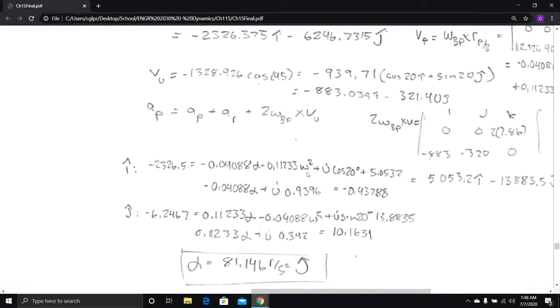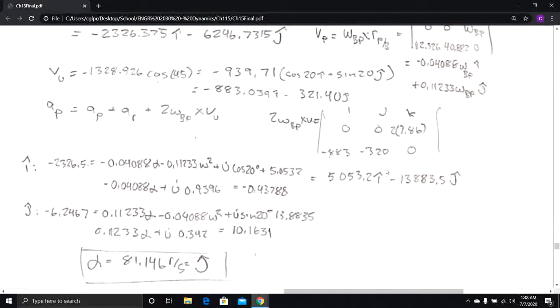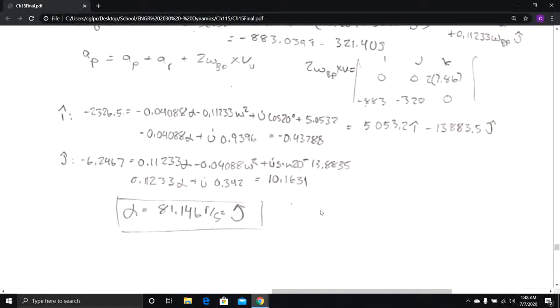I need to also consider the change in the acceleration of the collar going towards B, and this part right here comes from the Coriolis acceleration right here and right here.